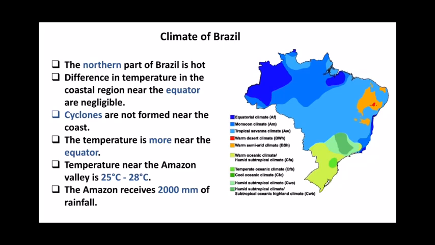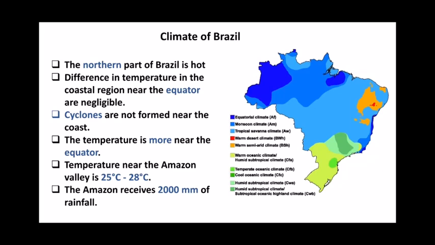Wherever the convergence zone has very strong winds, cyclones are formed due to low pressure. But in Brazil, because the convergence zone of the trade winds is weak, tropical cyclones rarely visit the coast of Brazil.